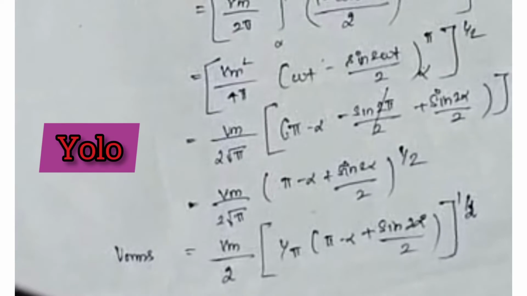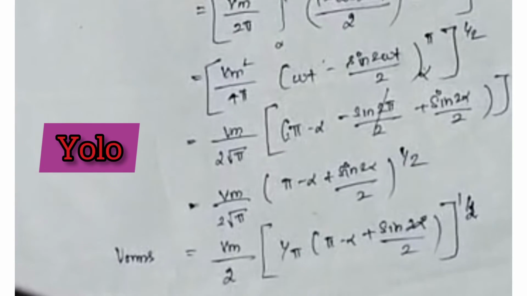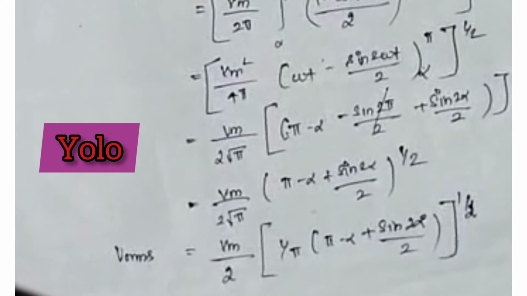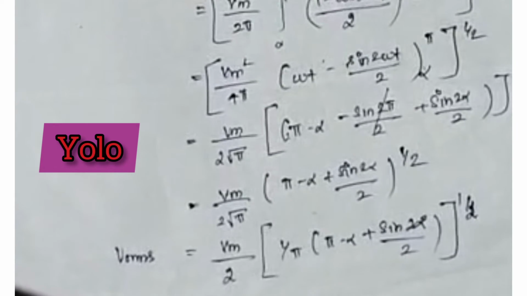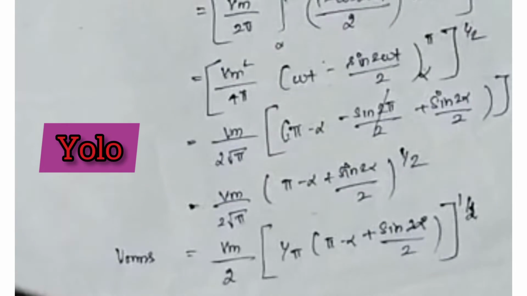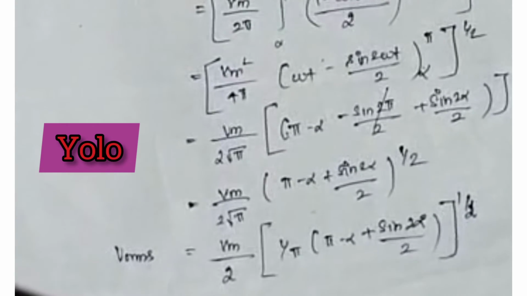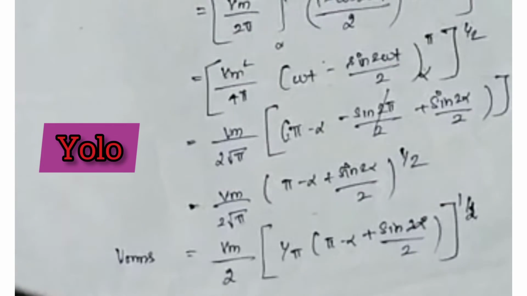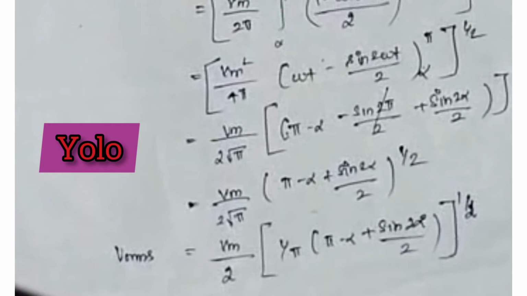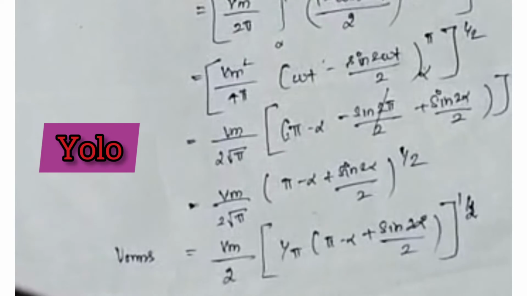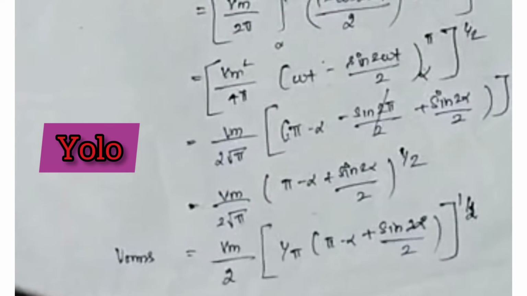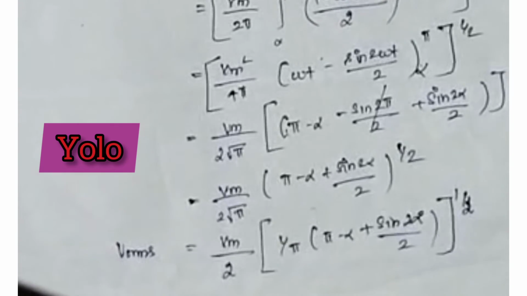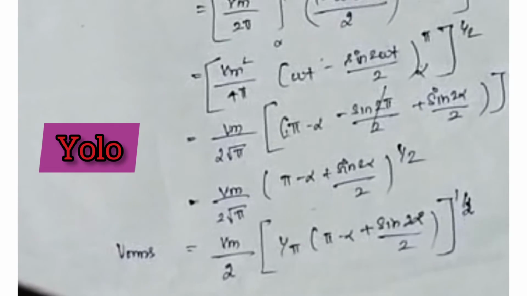The next step is Vm square divided by 4 pi, the integration of 1 equals omega t and the integration of cos 2 omega t equals sin 2 omega t divided by 2, with upper limit pi and lower limit alpha, to the power 1 by 2. So we can take the square root of Vm squared. We derive the next step Vm divided by 2 root pi.